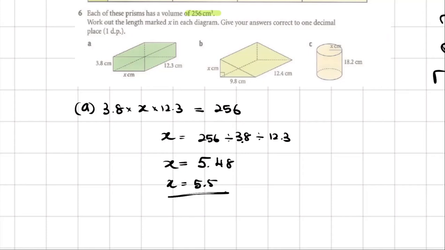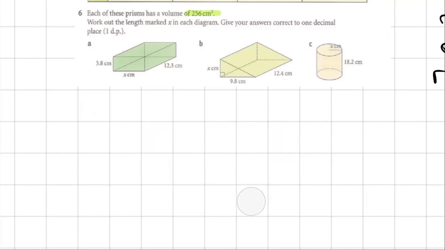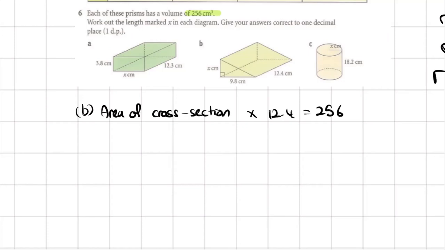Okay, now question B is a little bit difficult. What we need to do is make sure that we can get the height of the triangle. So in order to find the area of the triangle, which is the area of the cross-section, multiplied by 12.4 is equal to 256, which is the volume.